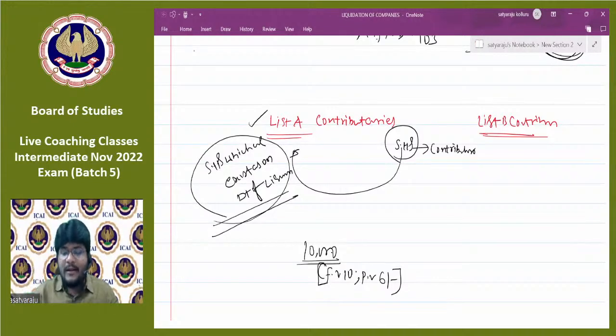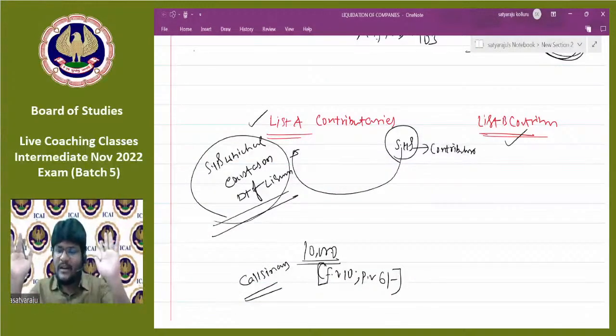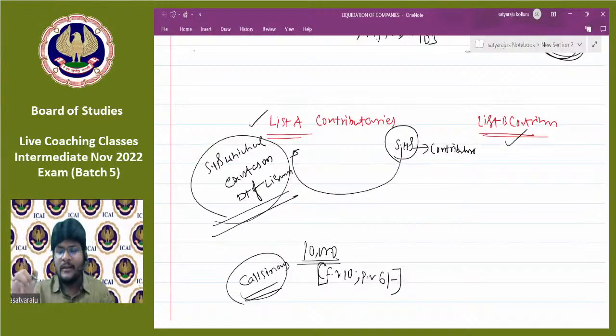then the liquidator will have a choice to ask money from the list B contributories. Once again, I'm repeating. The liquidator made a call. Then the existing equity shareholders are unable to repay. Then definitely we can treat it as calls in arrears. If nothing is mentioned, then we exclude this amount while making call money from the equity shareholders.